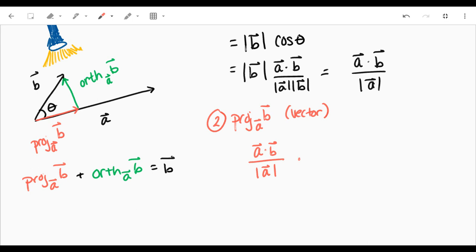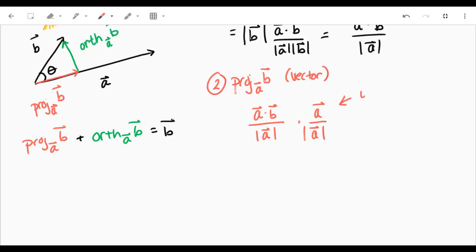So we will do vector A divided by the magnitude of A. Okay, remember that is a unit vector in the direction of A. Okay, so it gives us our direction with a magnitude of 1, and then this one gives us the magnitude. Okay, so we put those together and we'll get our vector that we want.